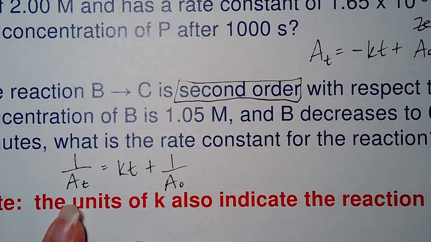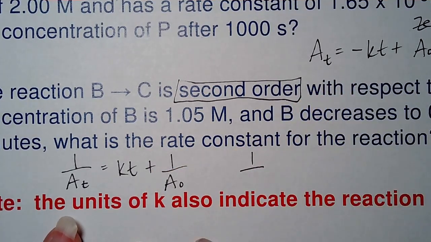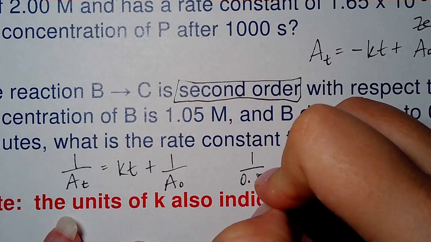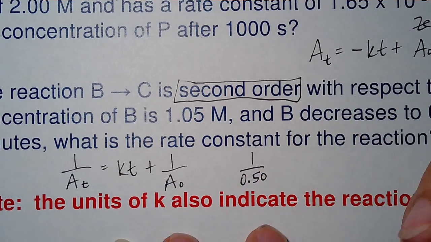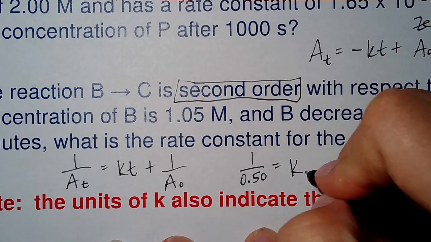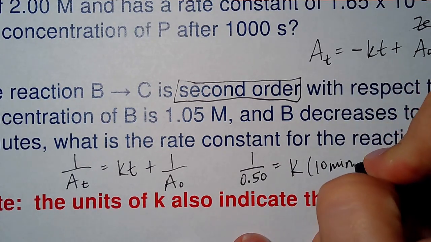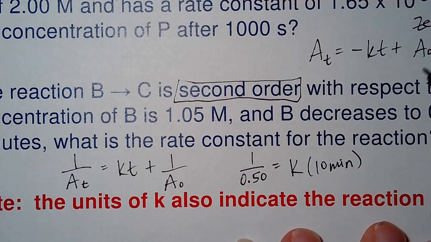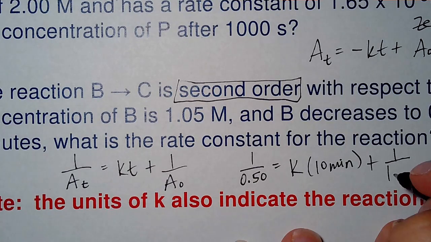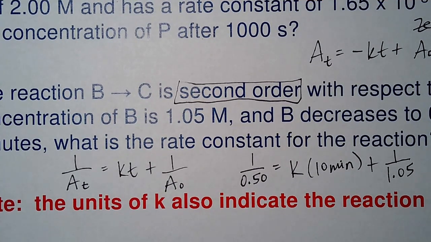AT is going to be what it decreased to, which is 0.5. Don't know K. We have 10 minutes, plus 1 over A naught. Originally 1.05 molar was our concentration. Now, a word about units here.